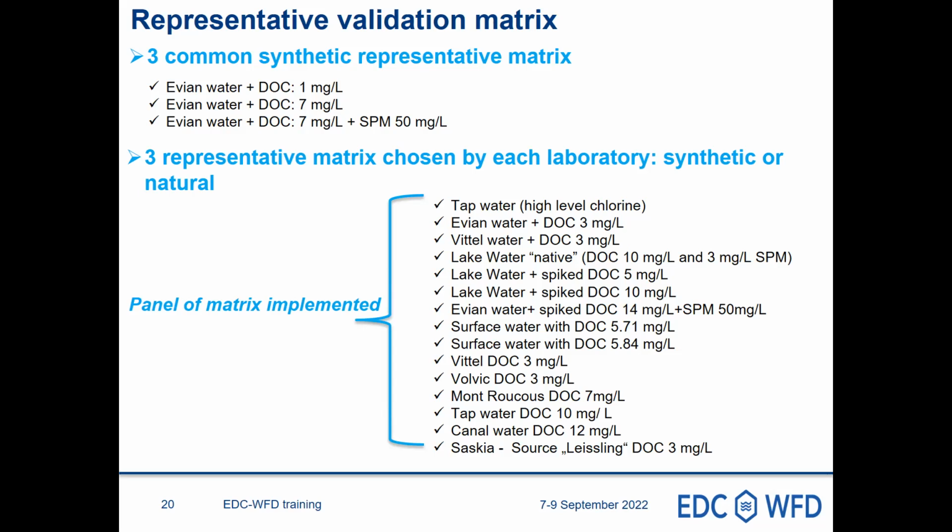And here you have the panel of all the different types of matrices that have been tested by the different partners, with some natural, some only synthetic, with different ionic strengths, different organic carbon content, with different SPM content. Just to show you that we have covered really a huge range of matrices within the project, and not necessarily the easy ones. As you see, some partners tested DOC levels up to 40 milligram per liter. So it's not really an easy matrix. So this is the view.